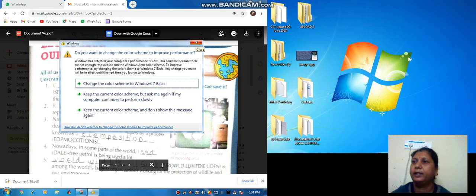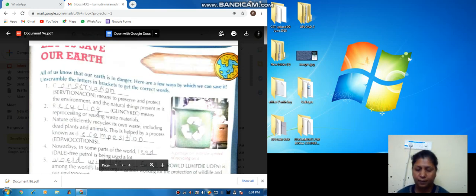Then the second one: R dash dash means reprocessing or reusing waste material. That is recycling. The best example is plastic. We can't completely destroy plastic, so what can we do? We can recycle it, reuse it, right?